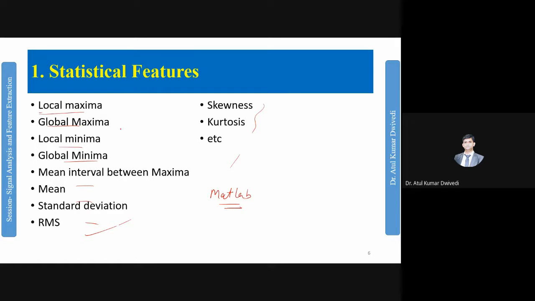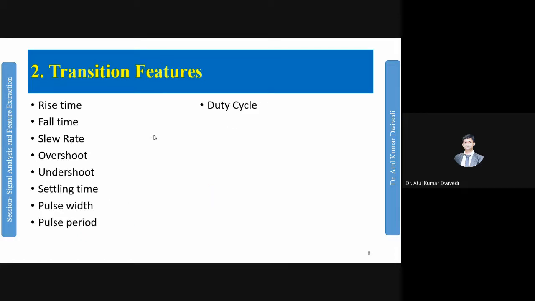Sometimes you may have to write some programs for finding these values, but most of the time direct functions will be available. So these are the statistical features. I'll tell how to find the local minima in MATLAB, and we will also discuss how to calculate the transition features in MATLAB.